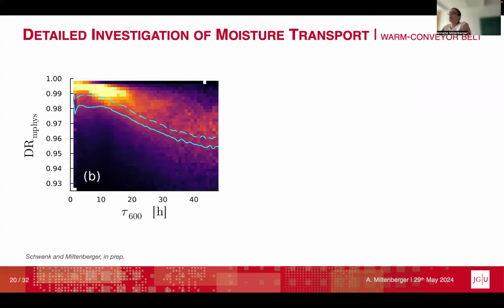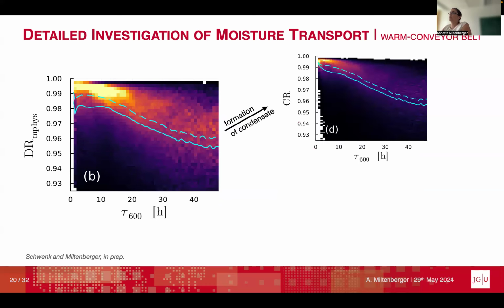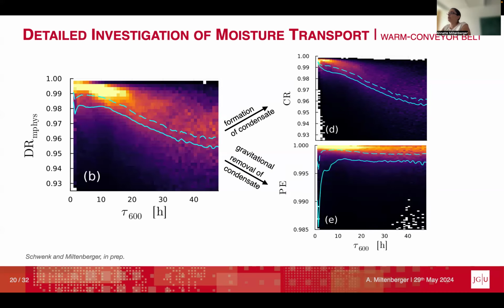We can dig further into the microphysics by quantifying how much of the moisture is actually condensed. And here we see actually this gradient that we find in the total drying ratio. So slowly ascending trajectories are worse than strongly ascending trajectories in removing or producing condensate, converting moisture to condensate.